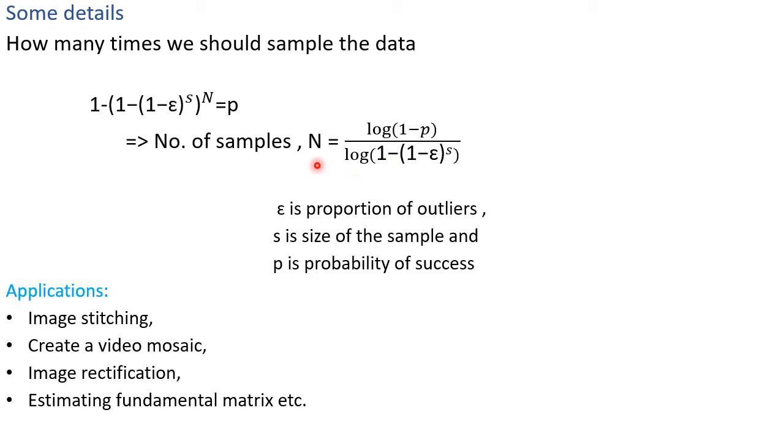But as we go iteratively, based on the epsilon value, the N value changes, and we keep track of all the iterations we have gone so far. Whenever N is less than the number of iterations we have gone so far, the process will be terminated.